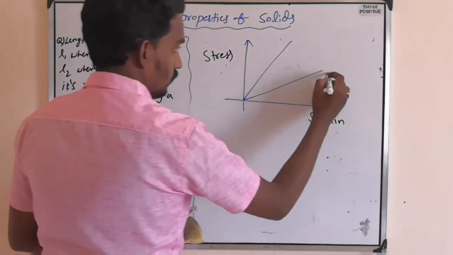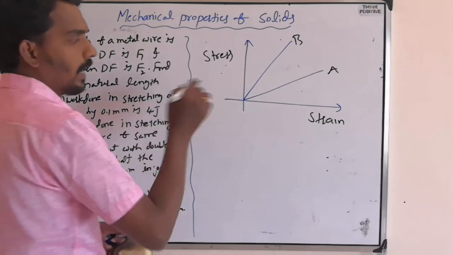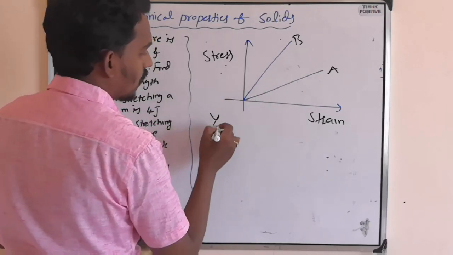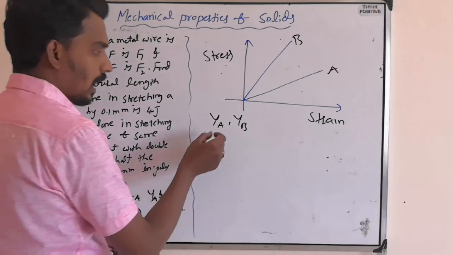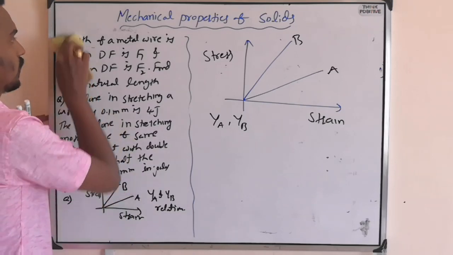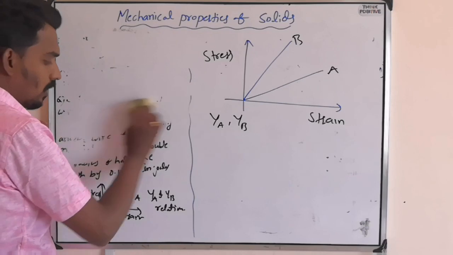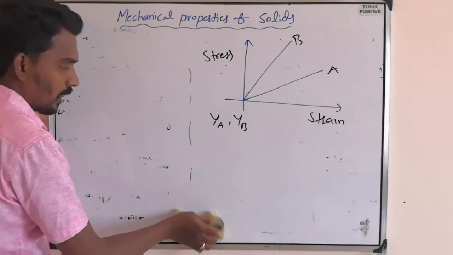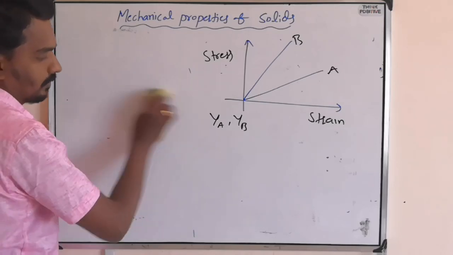One is material A, another is material B, and their Young's moduli are YA and YB. From this graph, they are asking you to find the relation between YA and YB: whether YA is greater, or YB is greater, or they are equal, or YA is double that of YB, whatever it is.